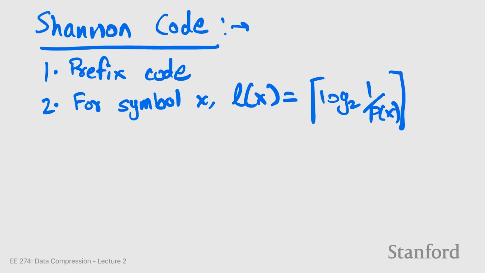The answer is we are dealing with binary because our output is binary. We are encoding everything into bits. In another world, if we had semiconductors with 3 levels, you could be working with log base 3. So it's a prefix code, and for any symbol x, it will achieve log 1 over p(x). So it's a very good code in that regard.